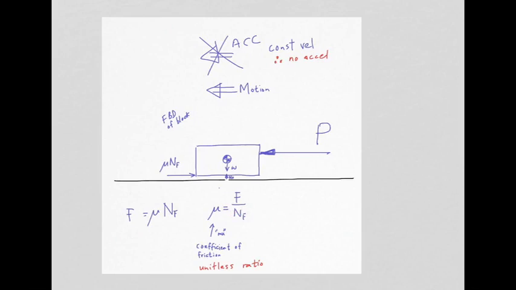So if we go back to that block example, here's the floor and here's a block that is resting on the floor. Now, between the block and the floor is most definitely a compressive force, felt by the floor as a force downwards, felt by the block as a force upwards.